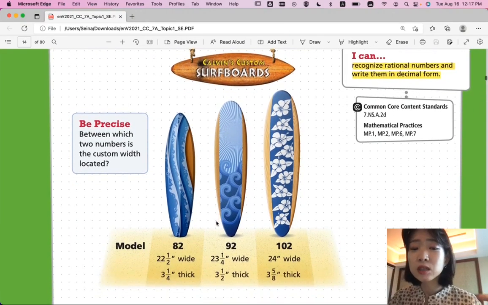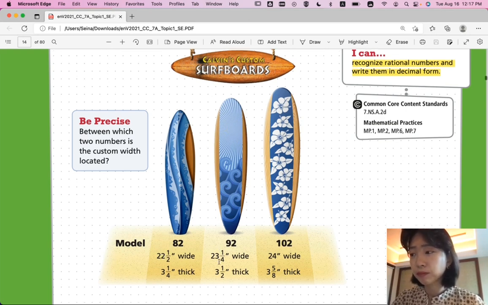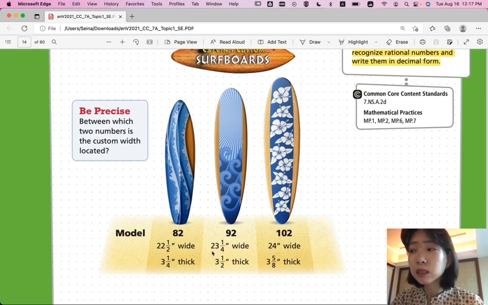So he has a separate surfboard. What number could come between 22.5 and 23 1/4? It should be between these two, right?